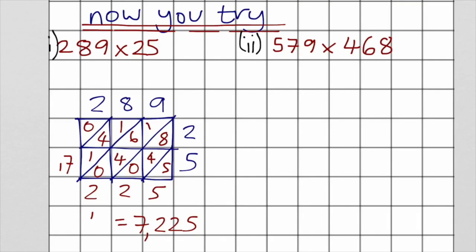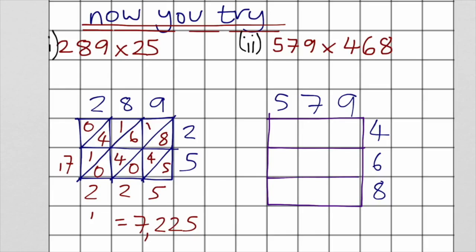579 times 468. Bigger number indeed. Set my numbers out. 579, 468. Draw my box. Splits everything into its columns and rows. Okay, then the diagonal lines.